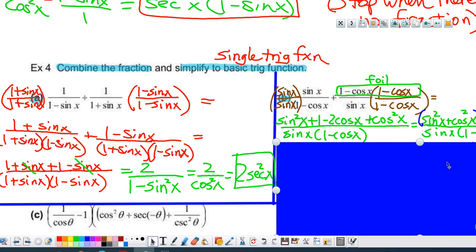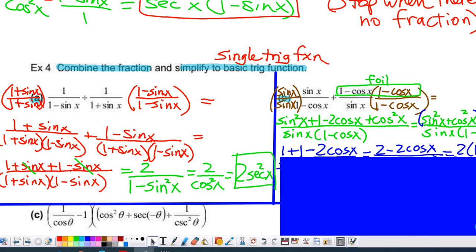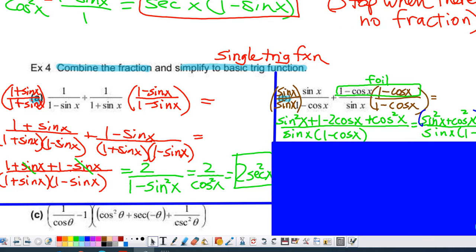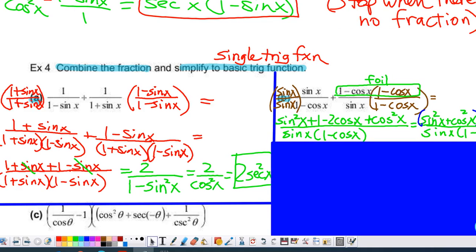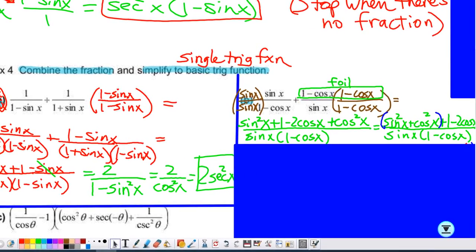So if I look at my numerator a little carefully, I can see a Pythagorean identity. Again, addition is commutative, so I can put the sine squared x and the plus cosine squared x next to each other. I have to move my window, hold on. There we go, you should be able to see it better now.